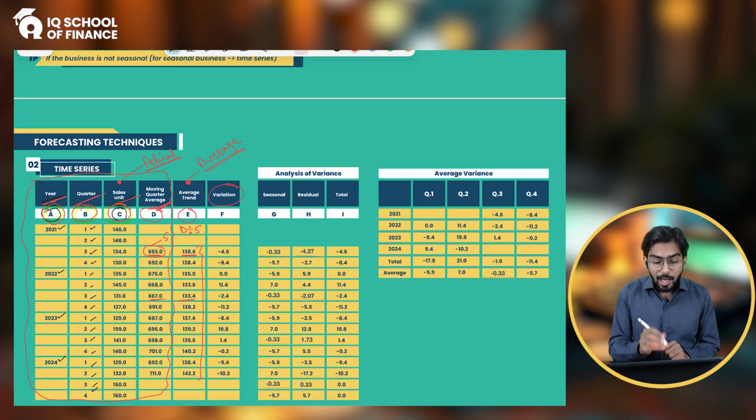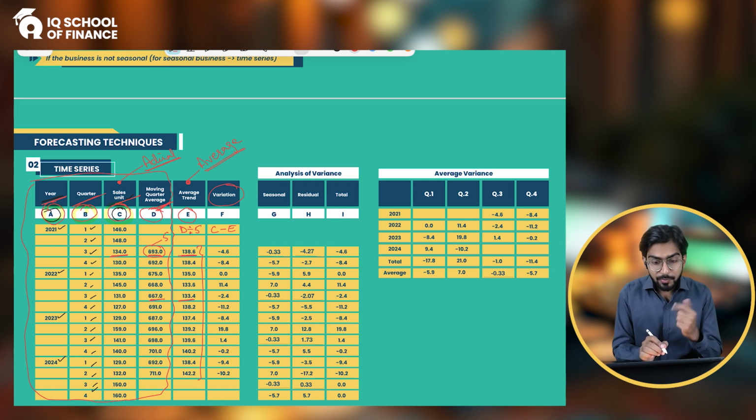How would you calculate it? By subtracting the average trend from the sales unit. Let me show you the formula: column C minus column E, you would subtract E from C.